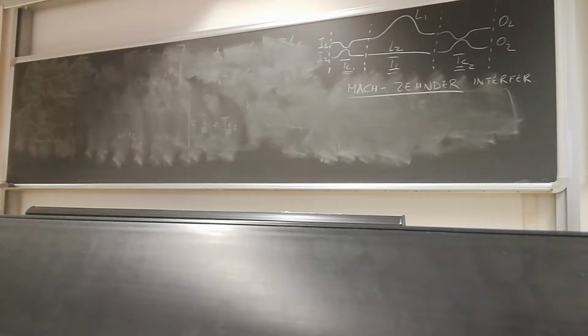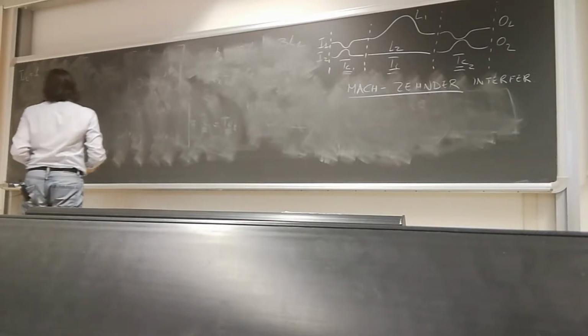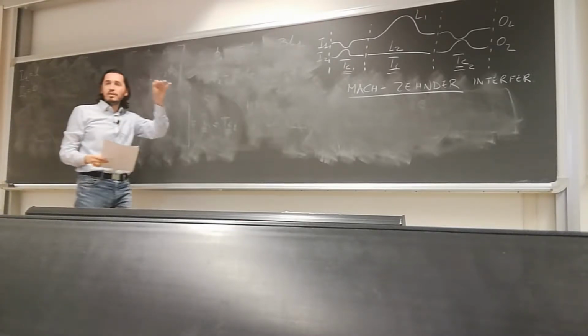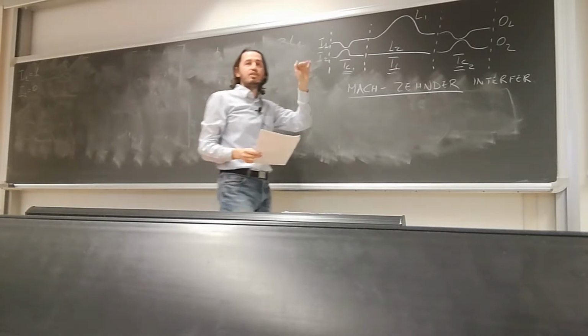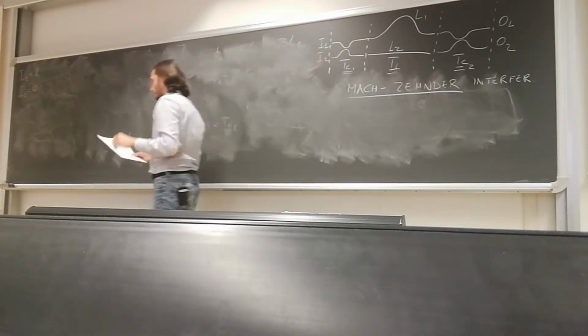But at the end of the day, let's assume that our input E1 is equal to 1. So this is the field amplitude, it's not power. And E2 is 0. So let's assume that we are injecting a signal just from one input port of our Mach-Zehnder interferometer.